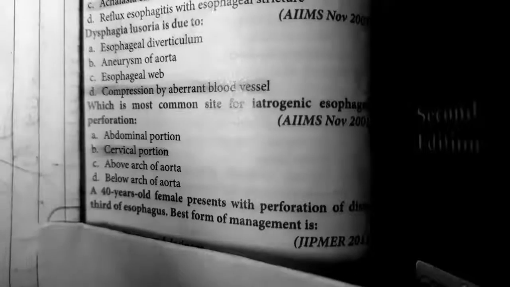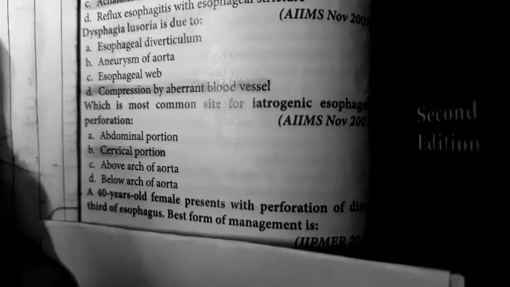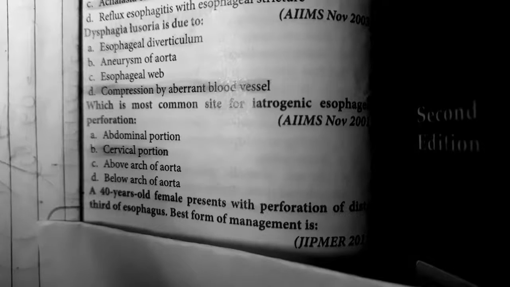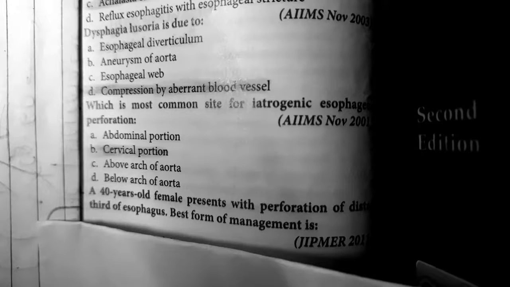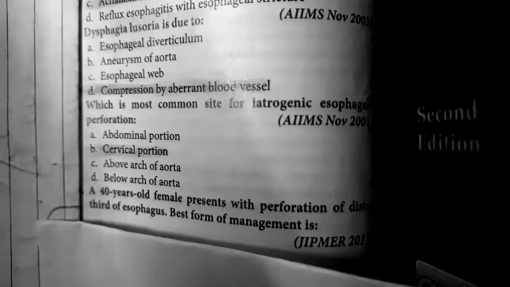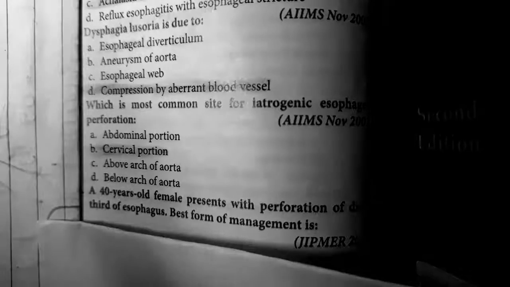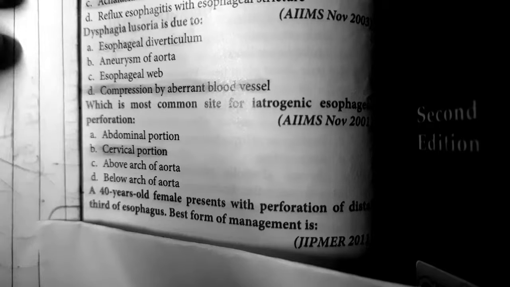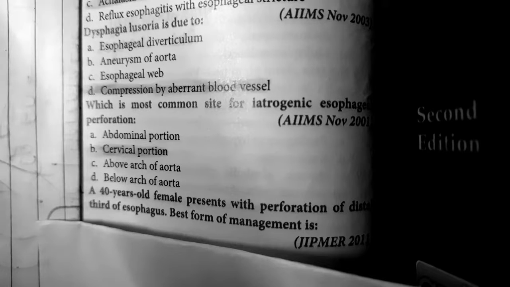Question number 11. A 40-year-old female presents with perforation of the distal third of esophagus. Best form of management is. Here the question is a 40-year-old with perforation of the distal third of esophagus. In case of perforation, it is contaminated.